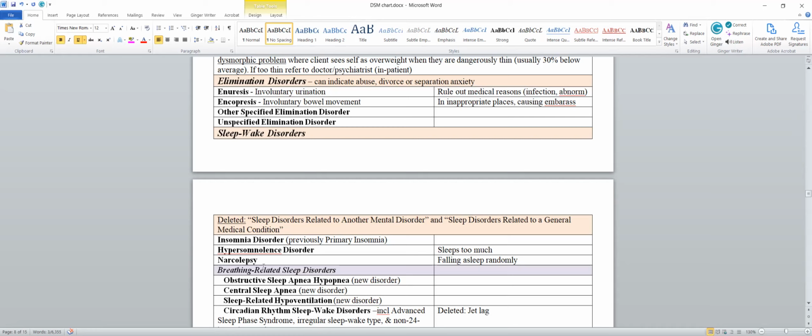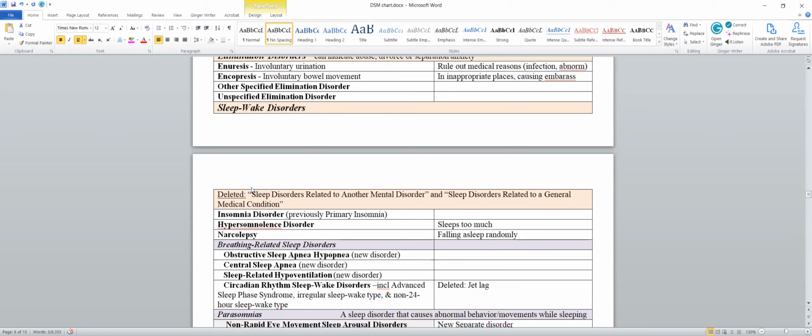These subcategories under elimination disorders are enuresis, involuntary urination, must rule out medical reasons like infection or other abnormalities, encopresis, involuntary bowel movement, which is inappropriate bowel movements in places causing embarrassment. Other specified elimination disorder, unspecified elimination disorder.